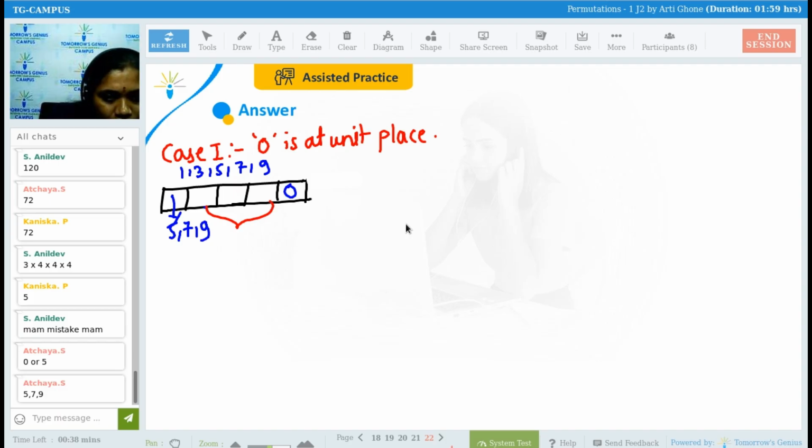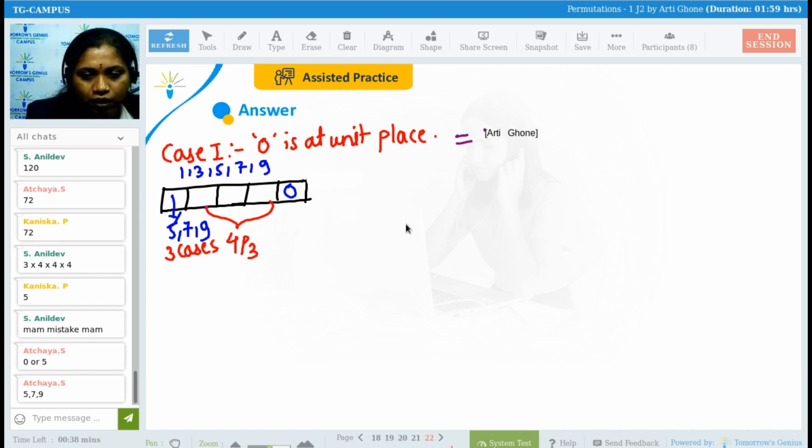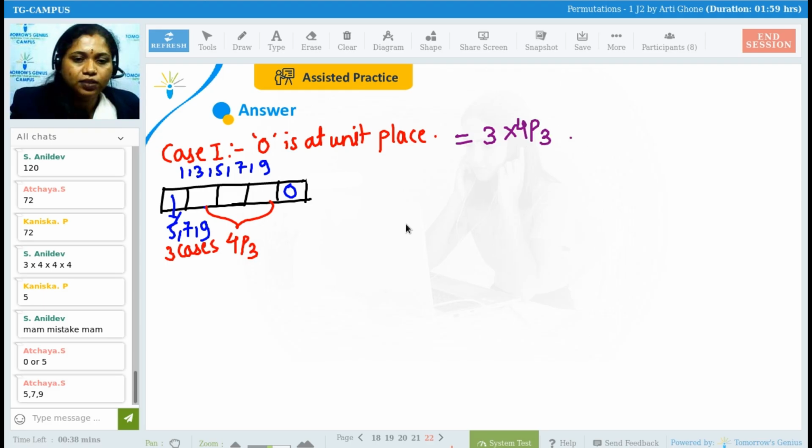So just 3 values are left for the first place. Any one is gone, so 1, 2, 3 and 4 digits are left with us. So we have 4 digits for 3 different places. Clear? So the total answer when 0 is at unit place is equal to 3 into 4P3. Clear or not? Is there any doubt?